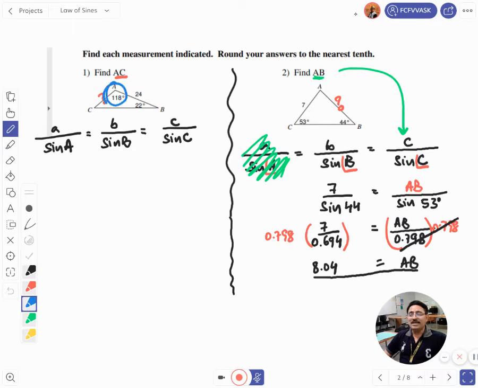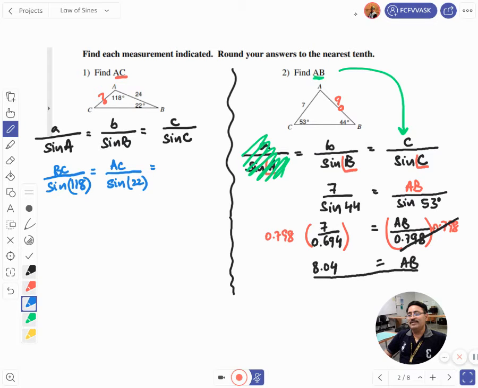What is a? The side opposite to the angle, which is BC, over sine A, that is sine 118 degrees. What is b? The side opposite to angle B, which is AC, over sine 22, since angle B is given as 22 degrees.